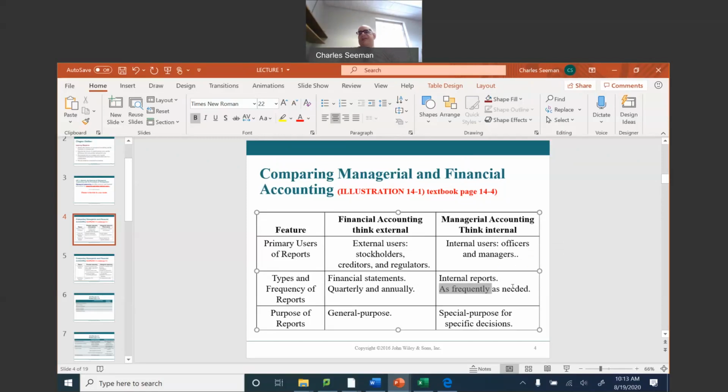provide information as needed. So back to Dairy Care here, I would provide the managers information on a weekly basis. I had what was called a weekly management report for each manager. And I would have somebody or myself collect that information and provide it to them. So they got it on a weekly basis, not on a quarterly basis, because they need to make decisions about the company now.